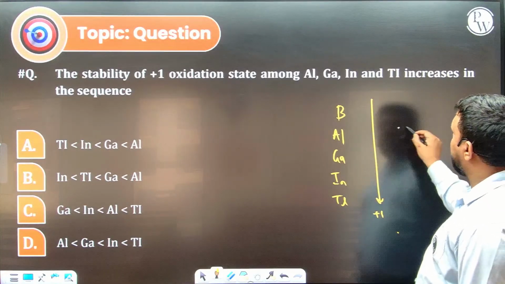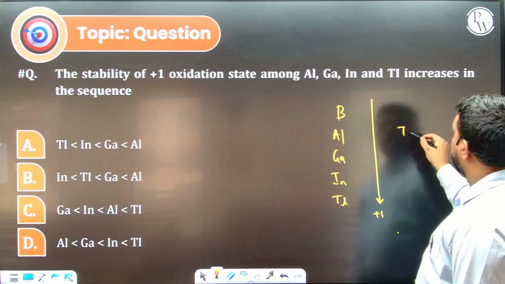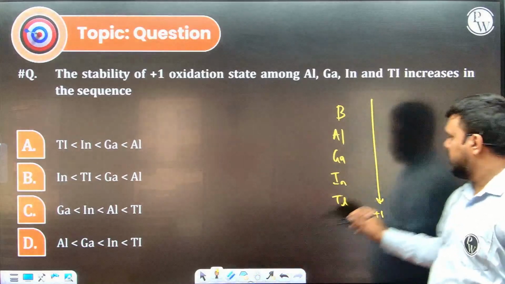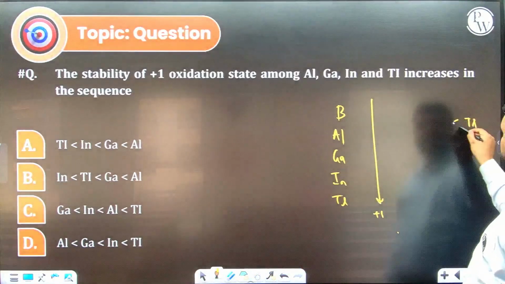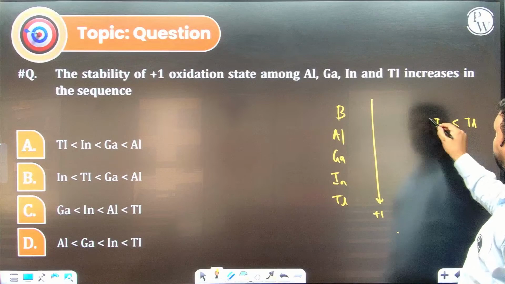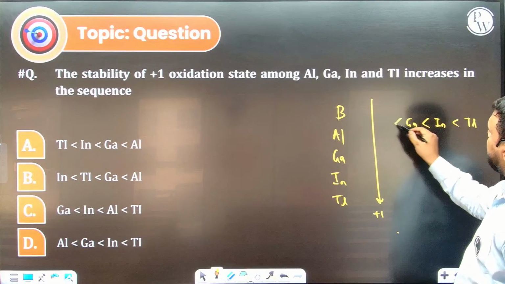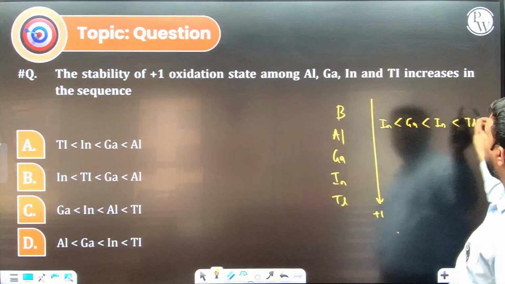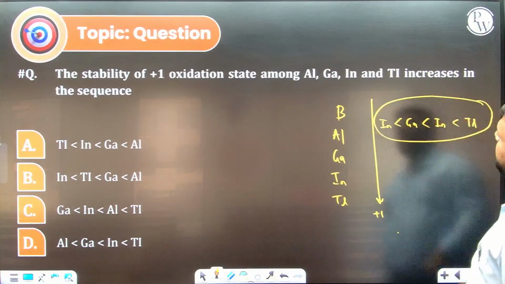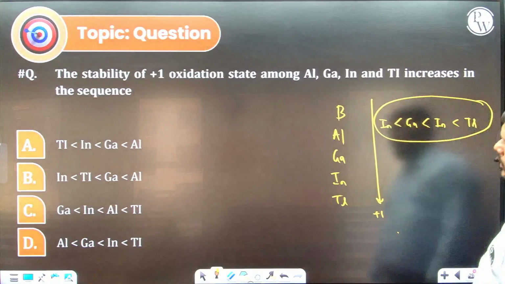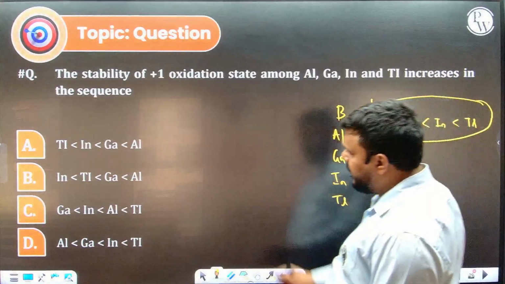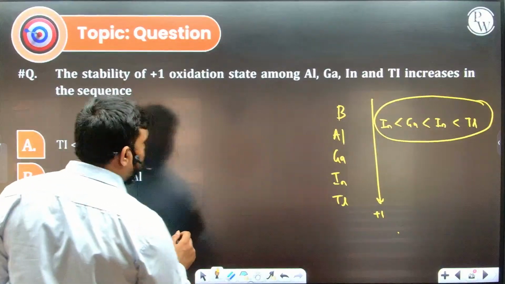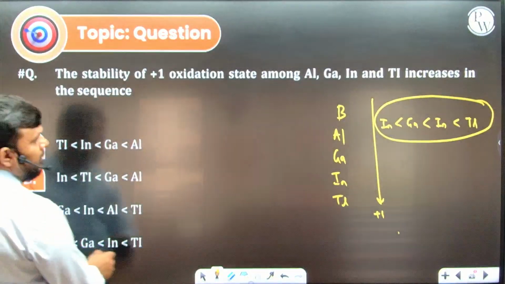So you can see thallium will be the most stable. So in ascending order, thallium will be the most stable, then indium, then gallium, and as they have given only these 4, we are only talking about these 4, aluminium will be at the last one. So the answer will be thallium, indium, gallium and aluminium.